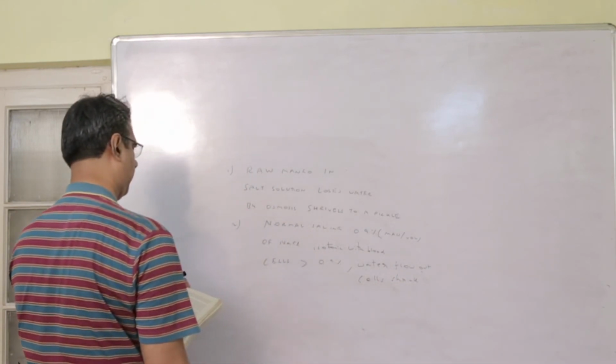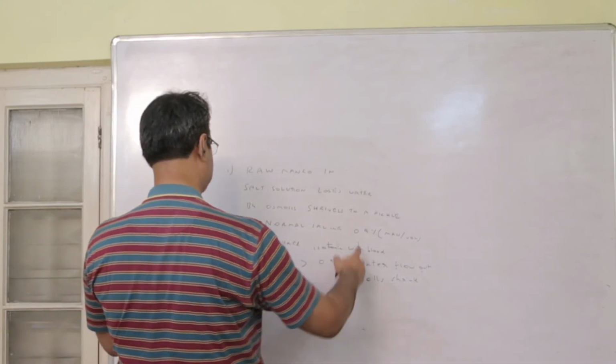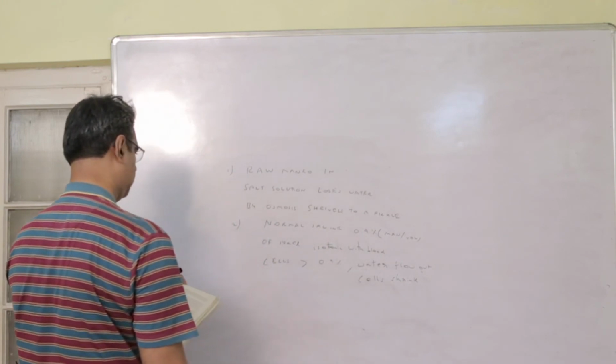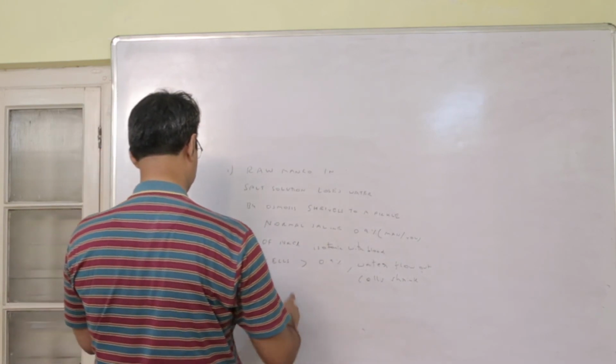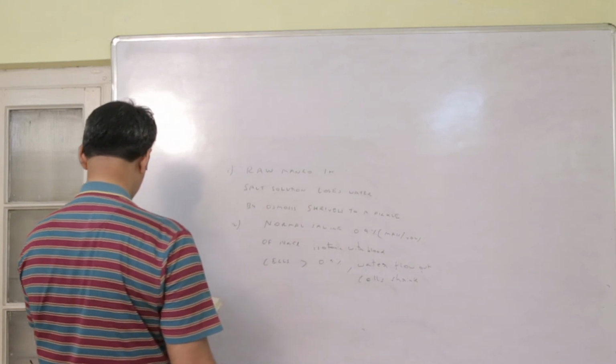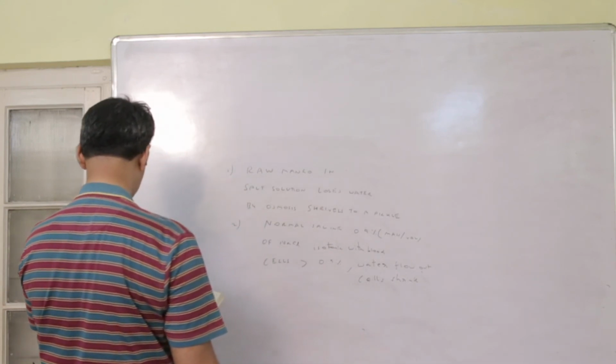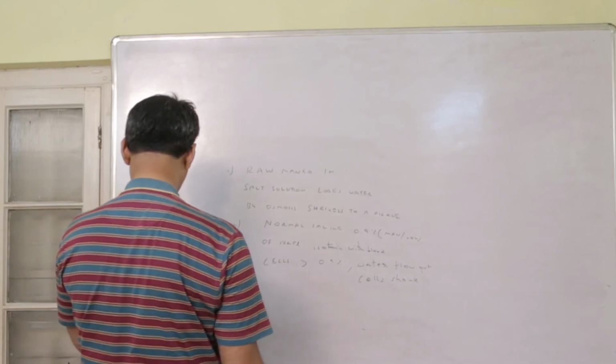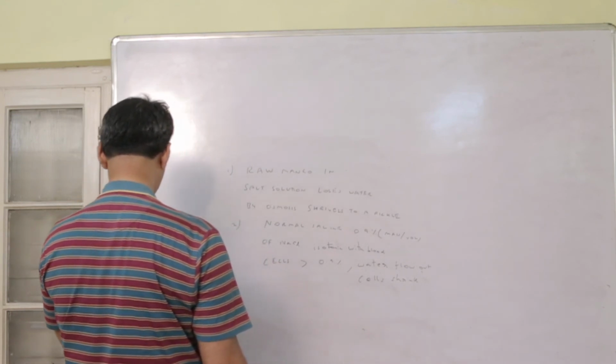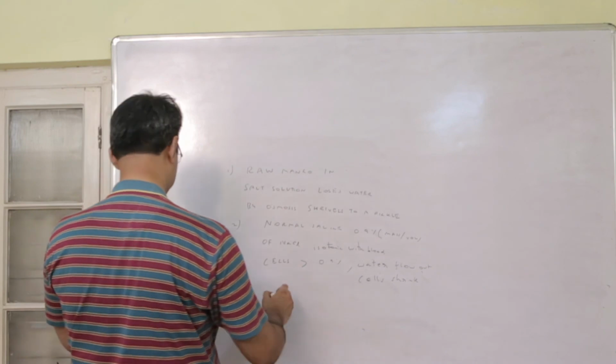Once again, normal saline is isotonic with the blood. So if the cells have more than 0.9% mass by volume NaCl, water will flow out and the cell will shrink.